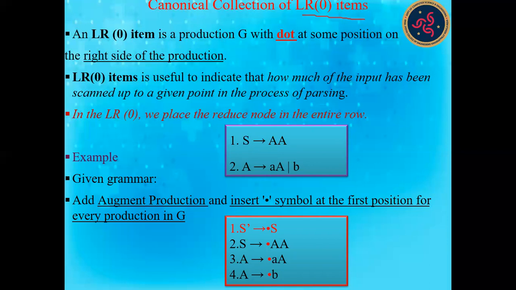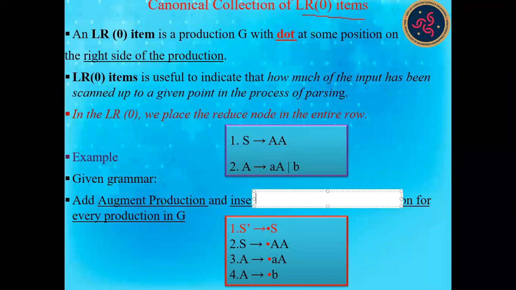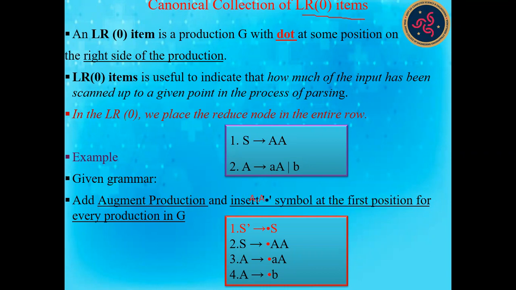Okay, so suppose my symbol is, if this is the case, then this means that I have scanned the input capital A. Again, I need to scan one more A. If this is the case, this A dot, that means I have scanned everything in the production.